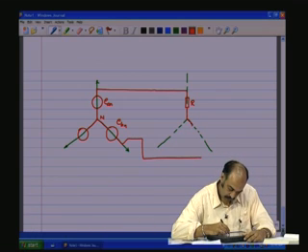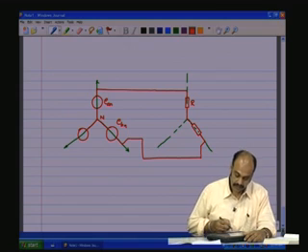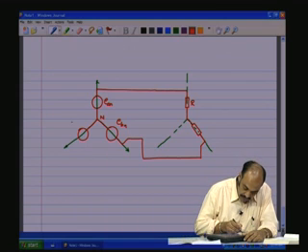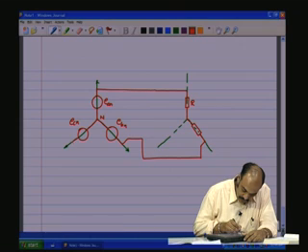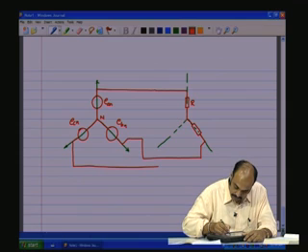So, let me connect this. To the B phase load, and then we have the ECN, the C phase source, which is connected to the C phase load R.